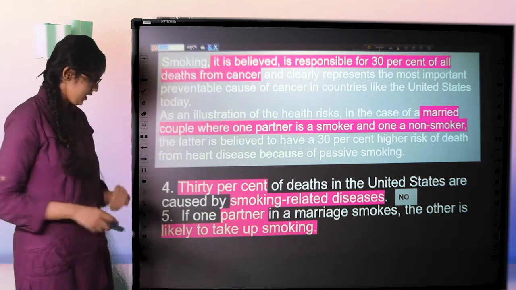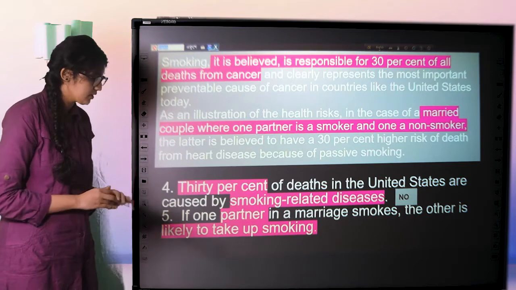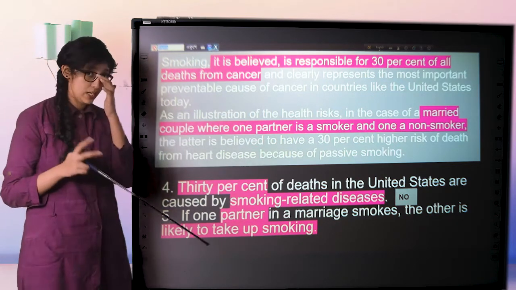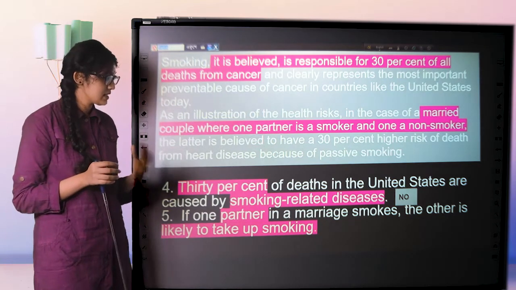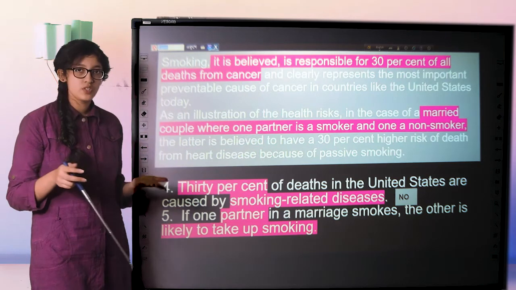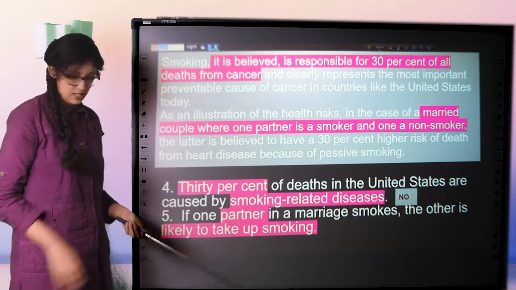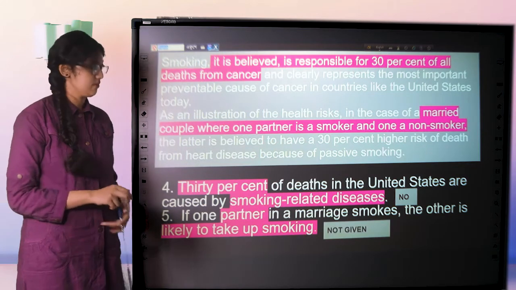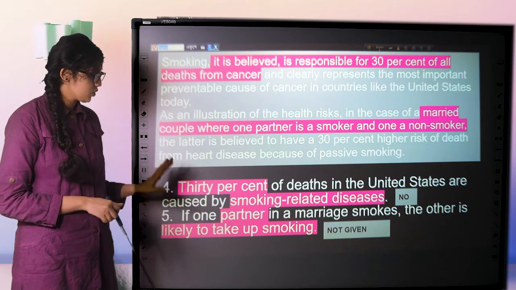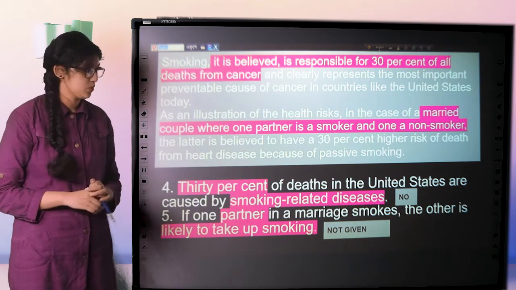This is no. The next one is: if one partner in a marriage smokes, the other is likely to take up smoking. Again, we read this whole passage and we didn't find any information stating whether or not, if your partner smokes, you would also start smoking. So we can say that number 5 is not given. If you chose these answers before I gave you the answers, then you were correct.